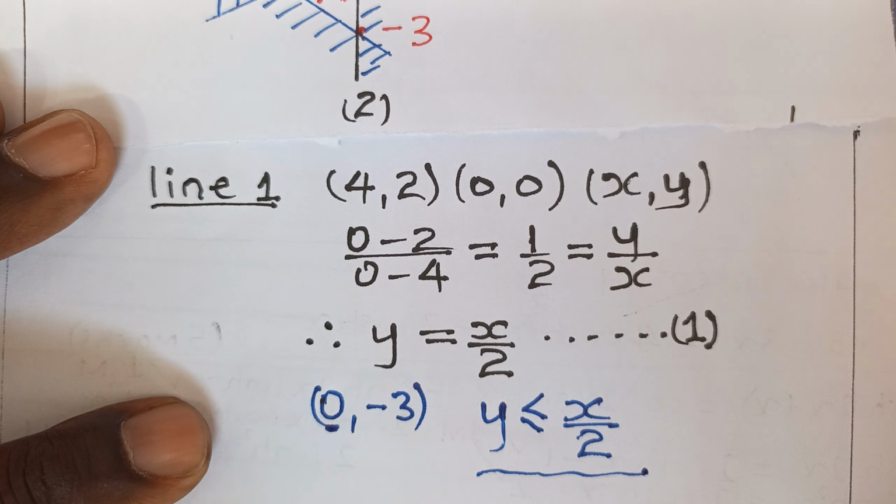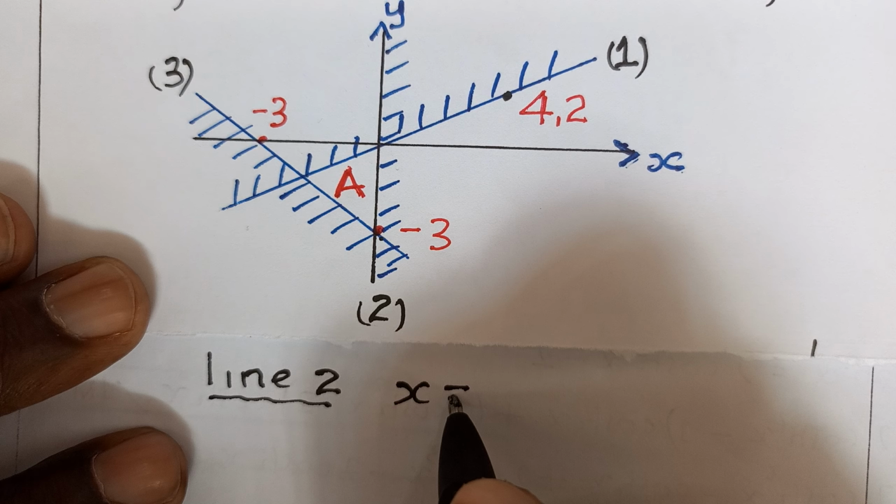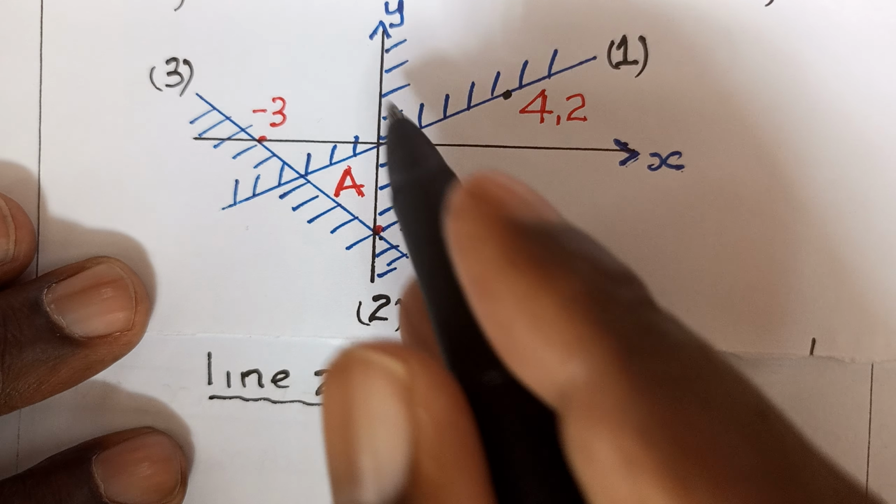Going to the second line, the second line is x equals 0. So you can see this line passes through the origin. Now, if you look, the unwanted part is on this side, that is on the positive x side. But on this side, this is the wanted region.